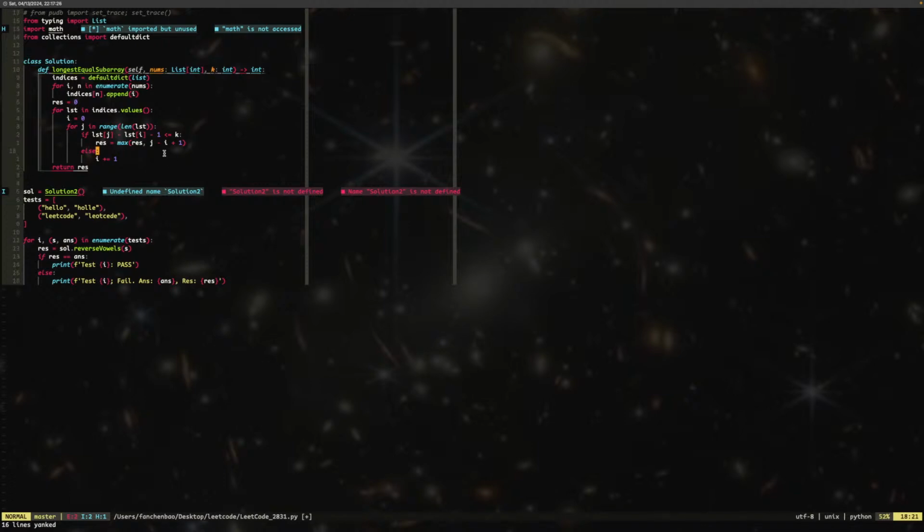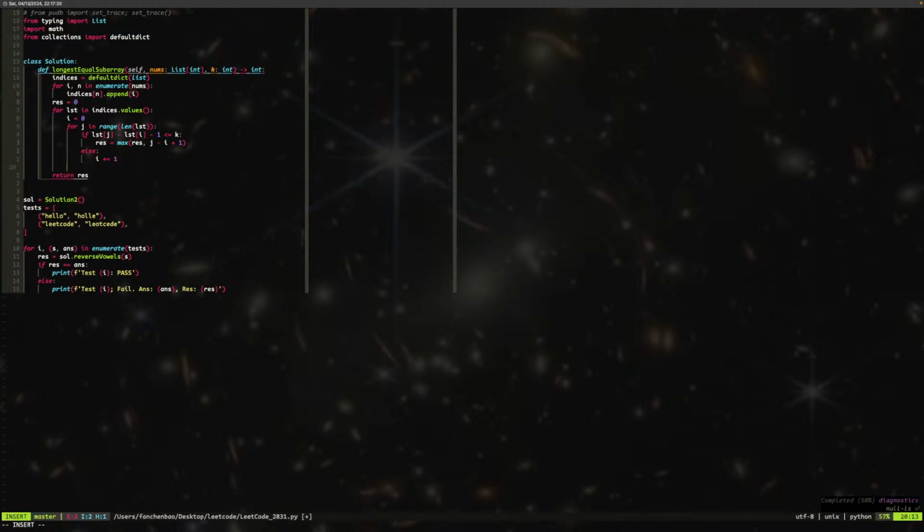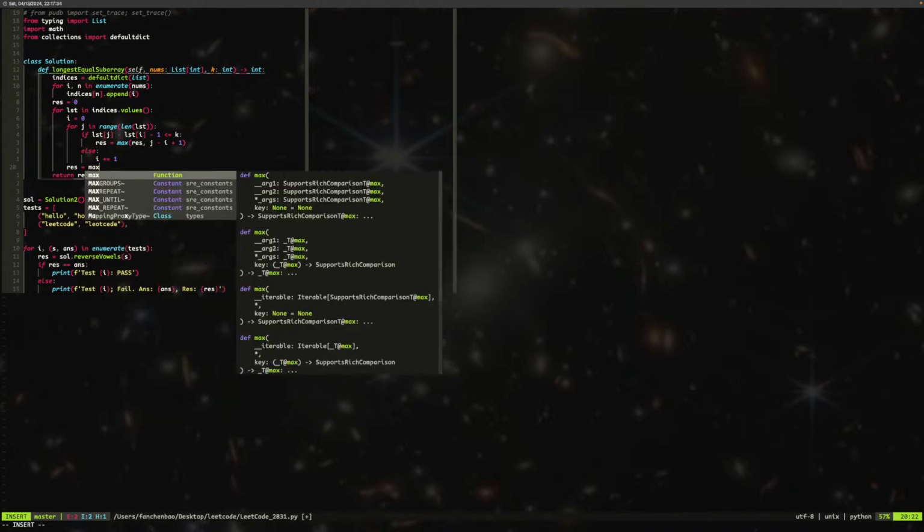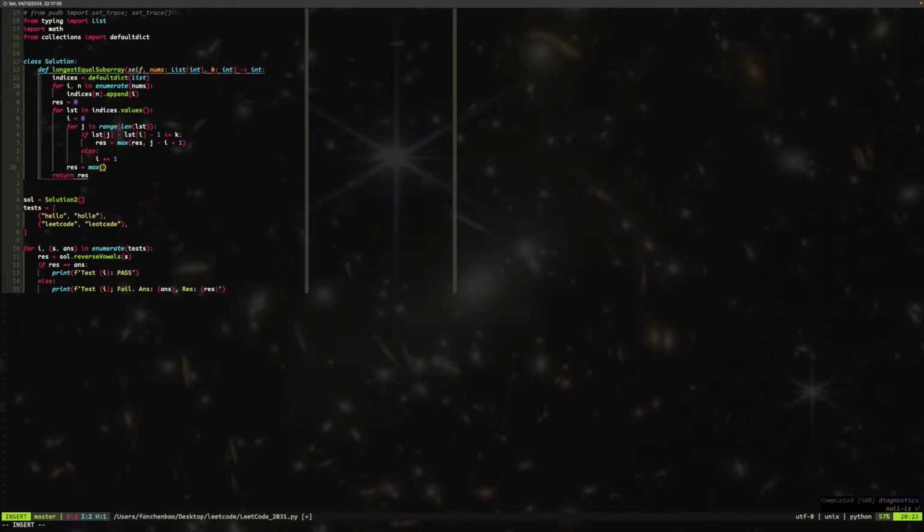So as we go, once we hit the end, we have the j, and the result is equal to the maximum. Result is j minus i plus 1, because this if condition might never hit, so at the end you have to hit it one more time.